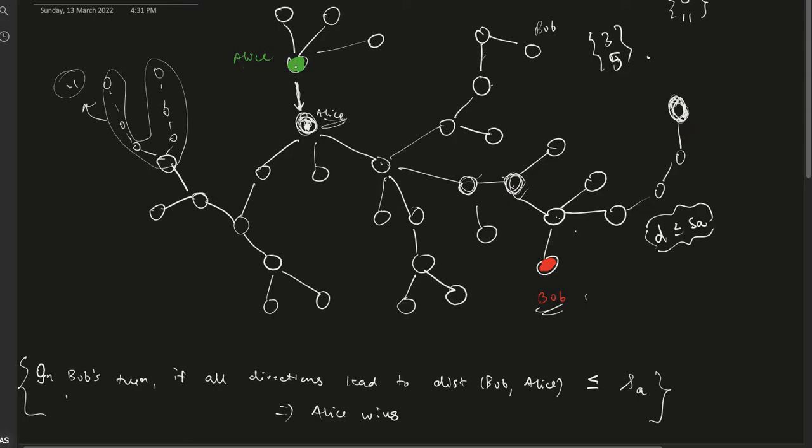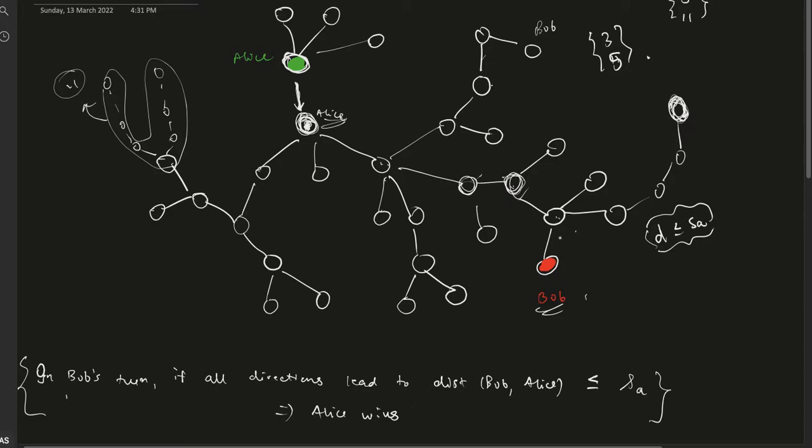But now, in the question it is given that Alice's position is this, Bob's position is this. So Alice knows that if ever he's able to reach this position, and it's his turn, he'll be able to corner Bob, he'll be able to win. But also, if Alice stays at this position, Bob will not move.